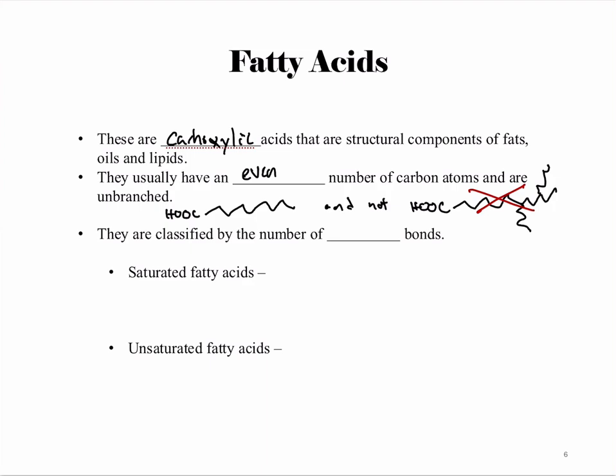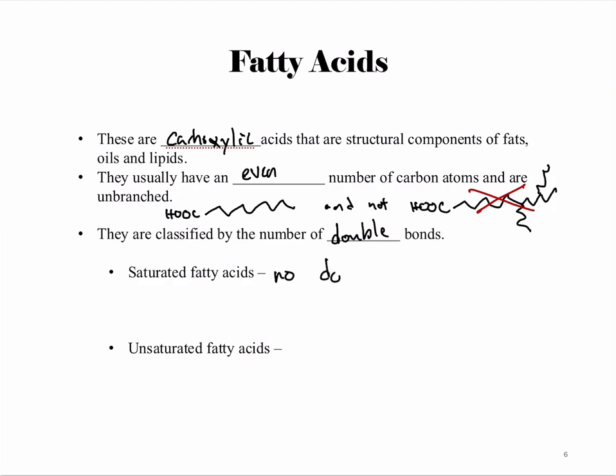And so these are usually classified by the number of double bonds. And so we've seen this before when we talked about alkanes and alkenes when we first started talking about organic chemistry. And so if we have a saturated fatty acid, what do you think that means? This would be no double bonds, right?